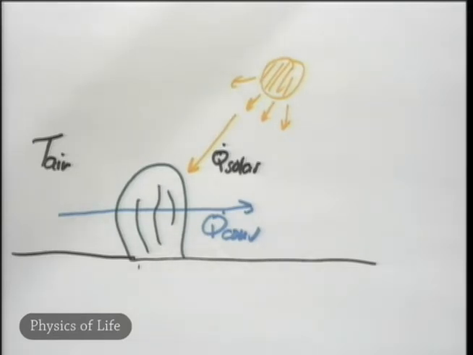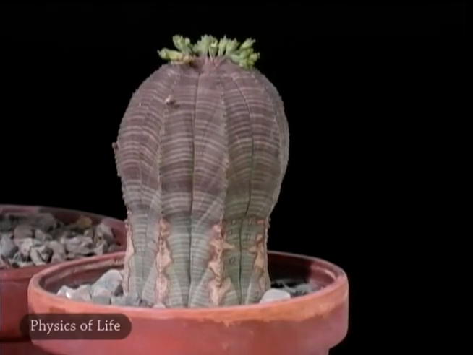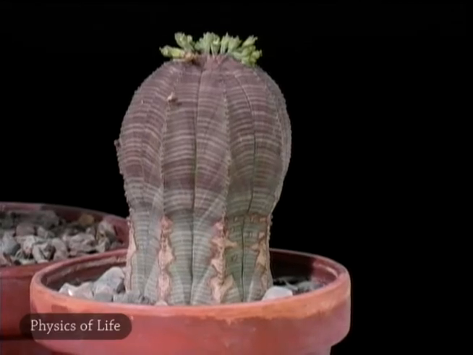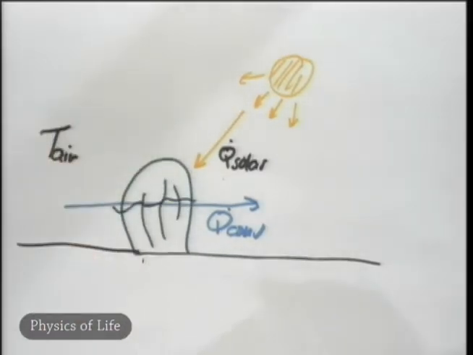Now, in general, if you have a laminar flow over the surface of an object, that's going to act as a relative impedance to heat loss from the plant. On the other hand, if you have a turbulent flow over it, that's going to tend to promote heat loss. So a plant that is experiencing laminar flow across it is going to come to a temperature equilibrium higher than a plant with turbulent flow flowing past it.